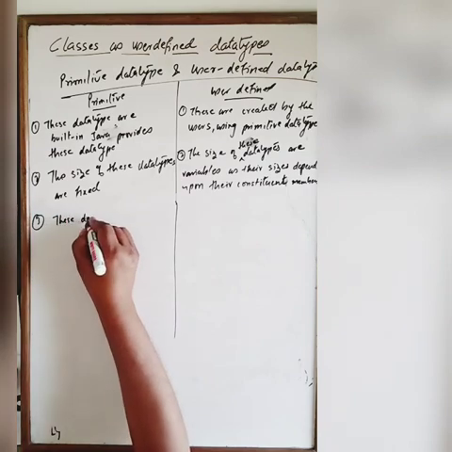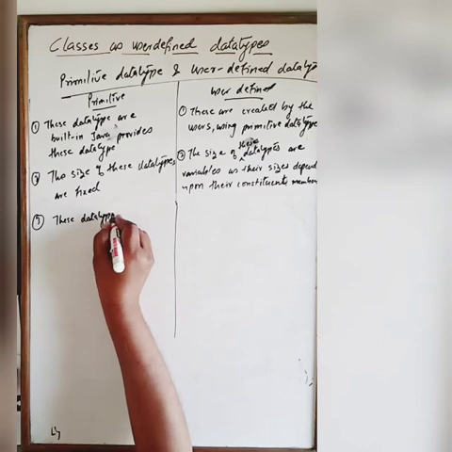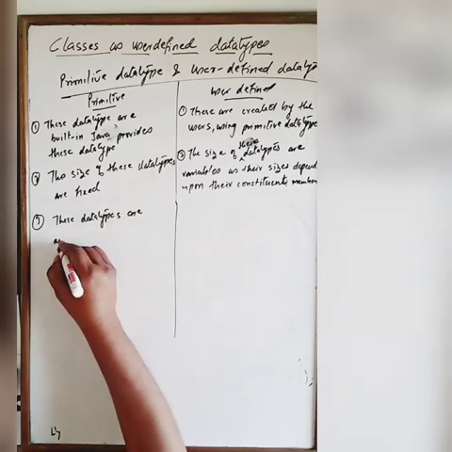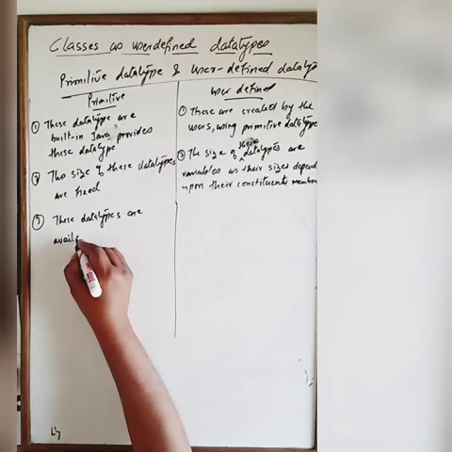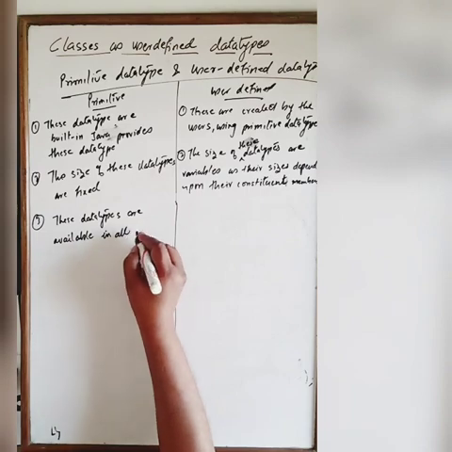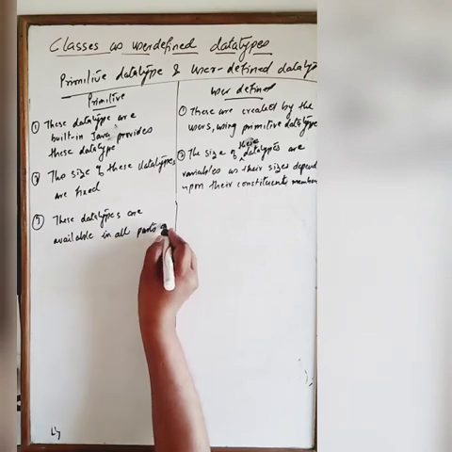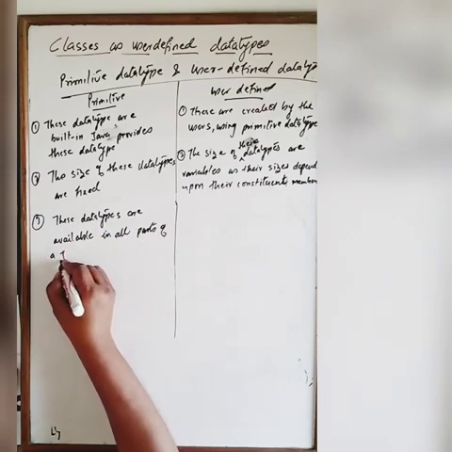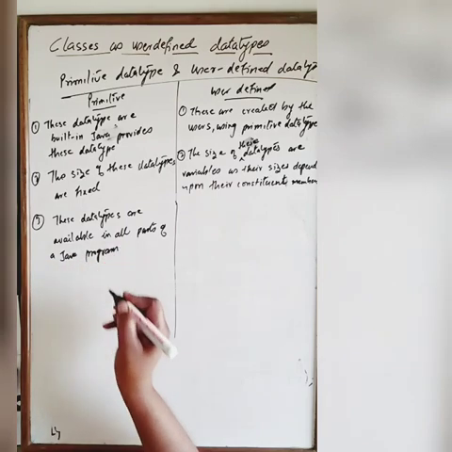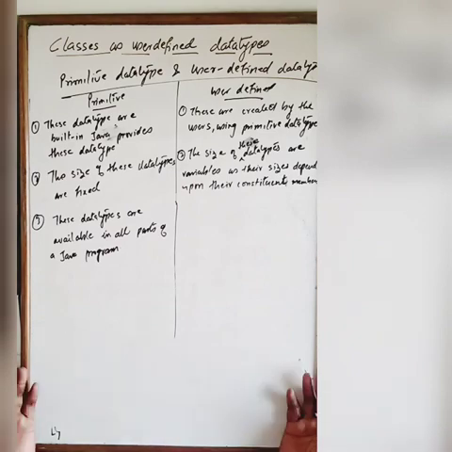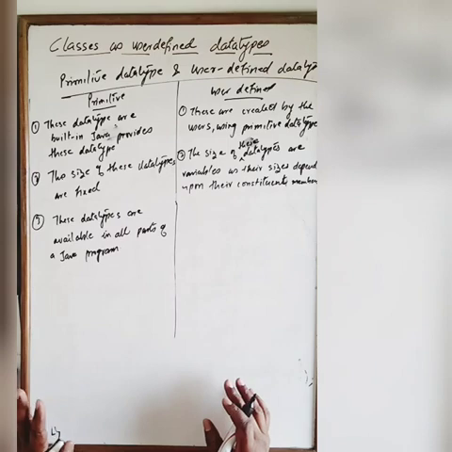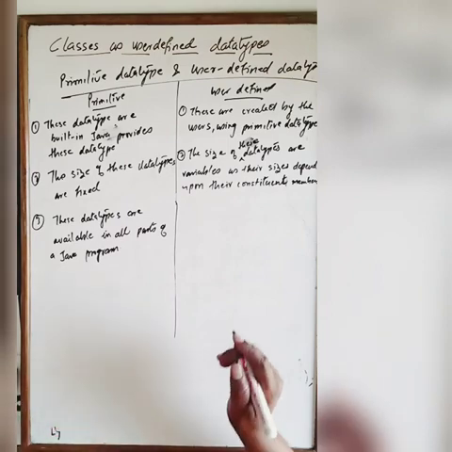These data types are available in all parts of a Java program. Now, how are they available? You just declare a variable and use it. Anywhere you want that data type, just declare and use it.